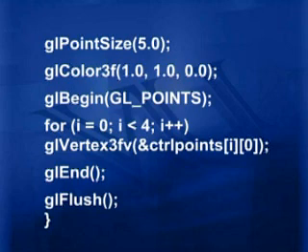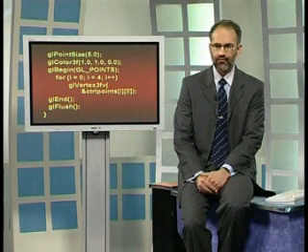For i equal to 0 to less than 4, for the values 0, 1, 2, and 3, it would be executed, and each time we would be calling glVertex3fv, the vector version, and it would be passed the address of the corresponding control point. When we begin with i's value equal to 0, the first call would be made for the control point 0, 0.